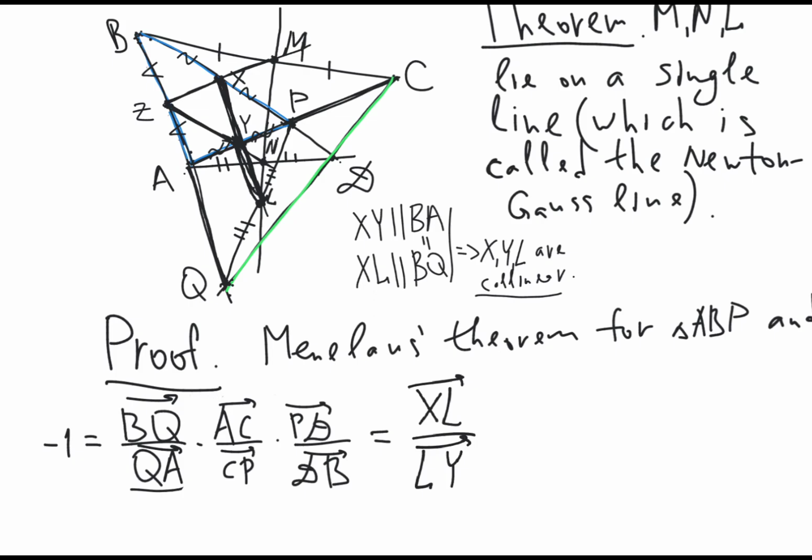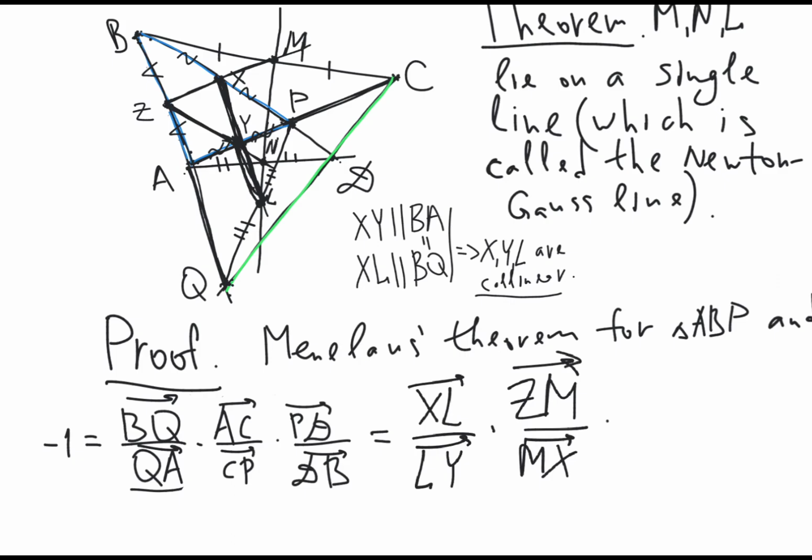So AC over CP. Now we consider the homothety with center B. It scales everything twice smaller. So now AC is mapped to ZM, so ZM over MX.